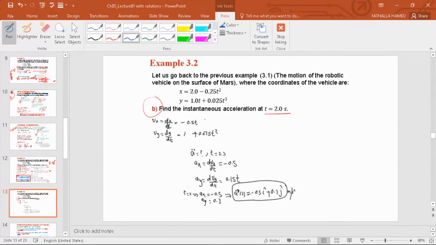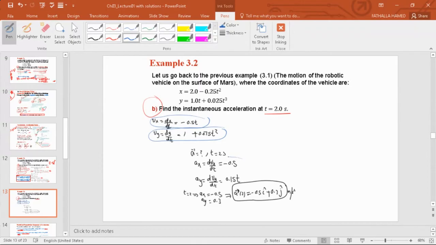Now, we obtained our Vx as equal to minus 0.5 t, Vy as 1 plus 0.075 t squared. For the instantaneous, I have to take the derivative.